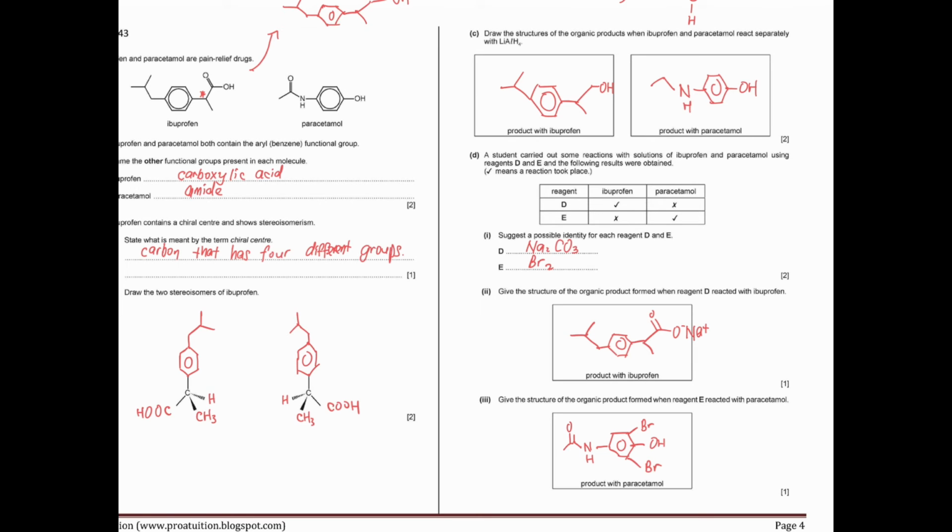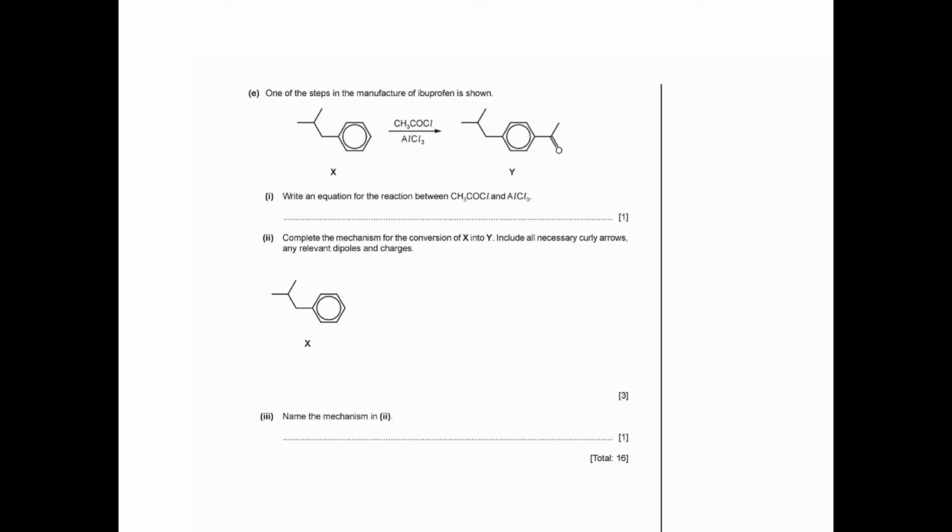Okay, so this page. One of the steps in the manufacture of ibuprofen is shown. So let's see here. We have X reacting with CH3COCl with aluminum chloride. You have to know that this is acylation. Acylation is where the COCH3 is added to the benzene ring. So this is the CO part, here is CH3.